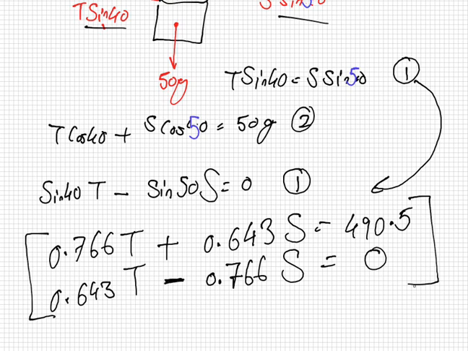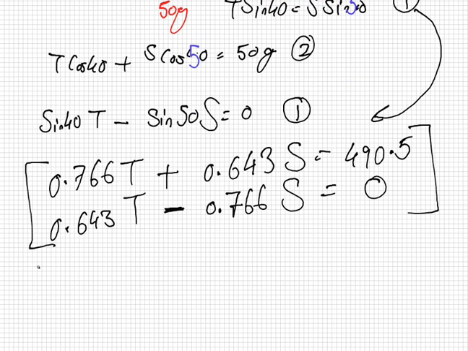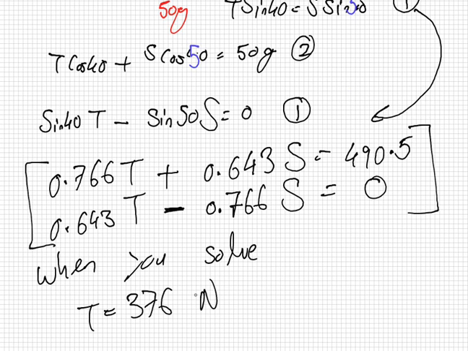So when you solve these, you'll get T equals 376 newtons, and S equals 315 newtons, using whatever method you want. Elimination, substitution, Gaussian even, whatever method you want.